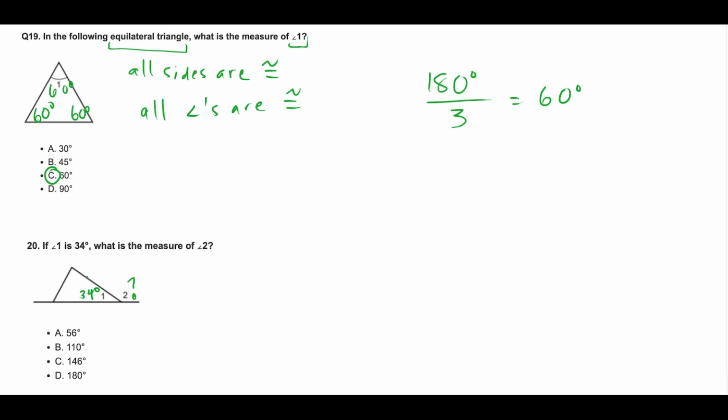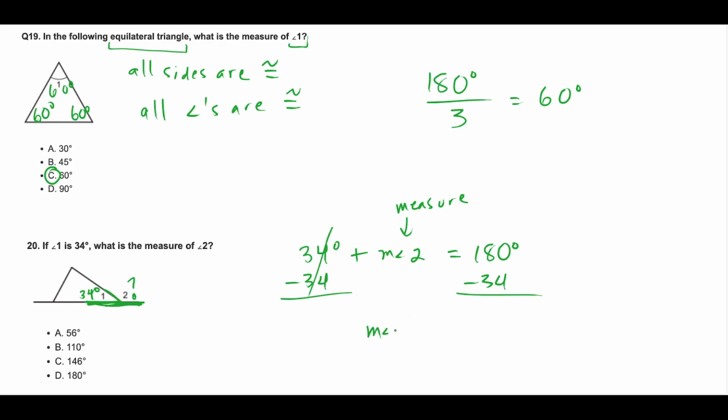So what that tells me is that 34 degrees plus, and this symbol just means the measure of angle 2, is equal to 180 degrees, because once again, anytime you have a straight line, and notice angle 1 over here and angle 2 together, they build a straight line together like this. So this tells us the sum of these angles is 180, so to solve for the measure of angle 2, just subtract 34 degrees on both sides.